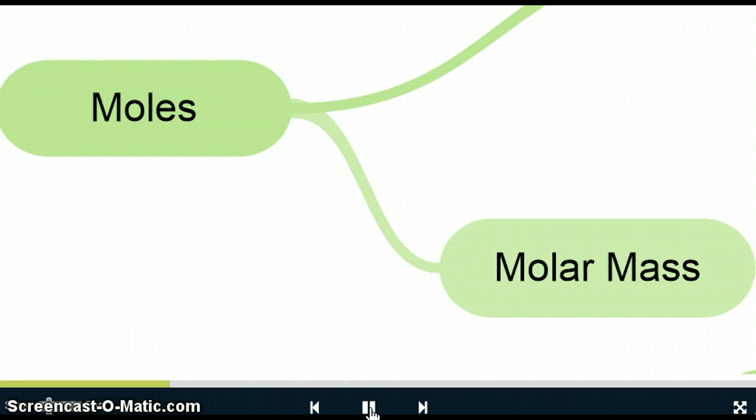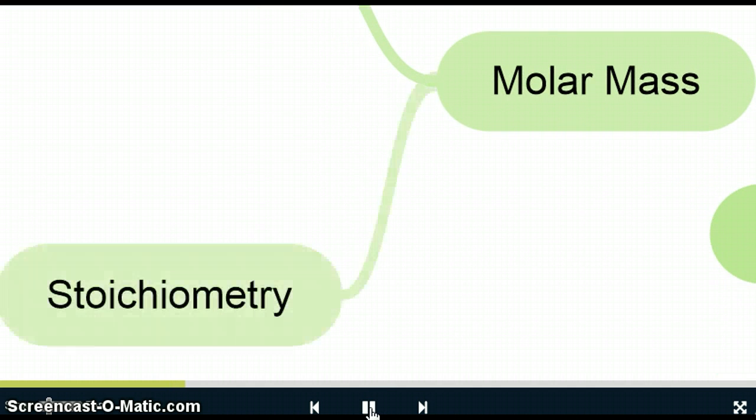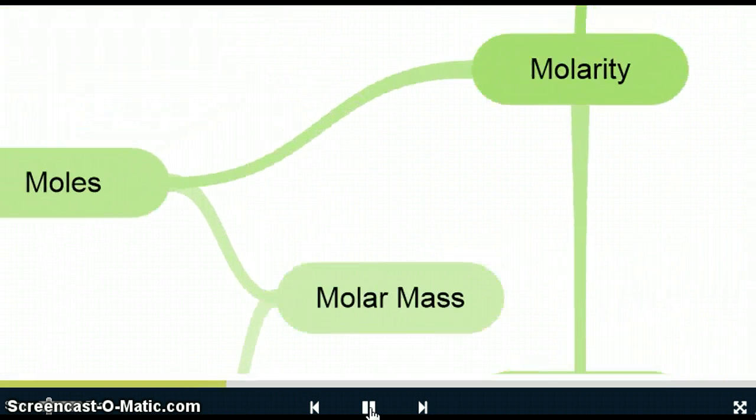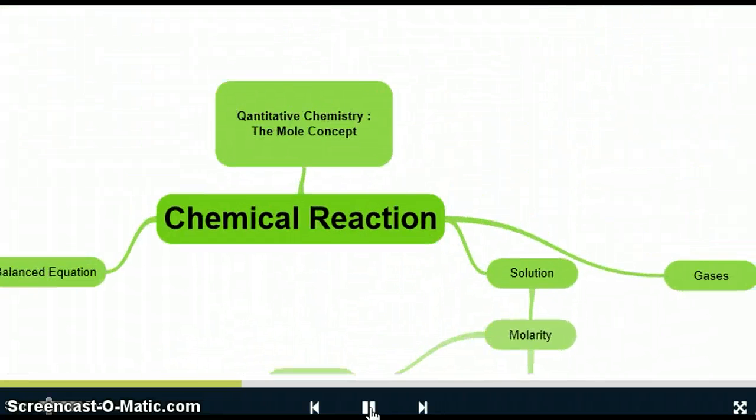That molar mass can be used in a branch of science called stoichiometry. Stoichiometry is a branch of chemistry which looks at relative quantities of reactants and products in a chemical reaction. So that's molar mass, moles, molarity, titrations in solution.